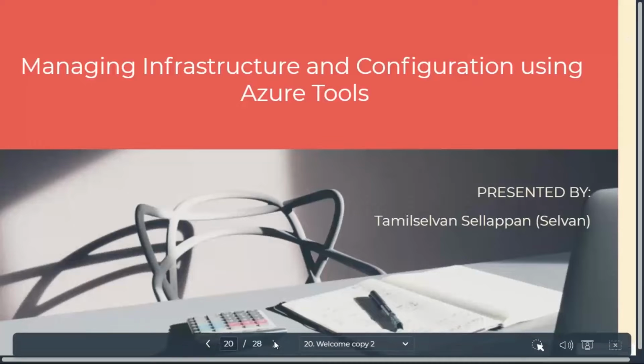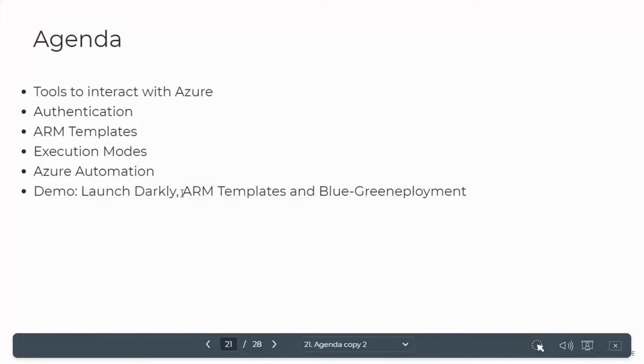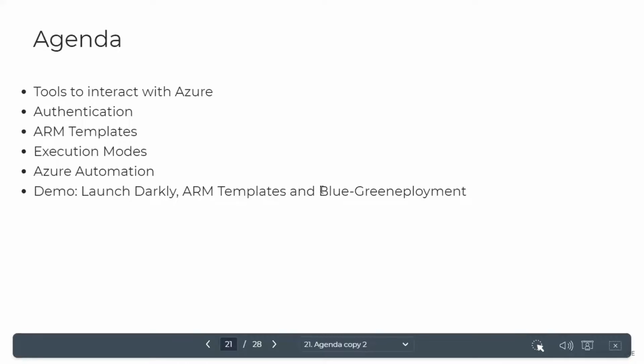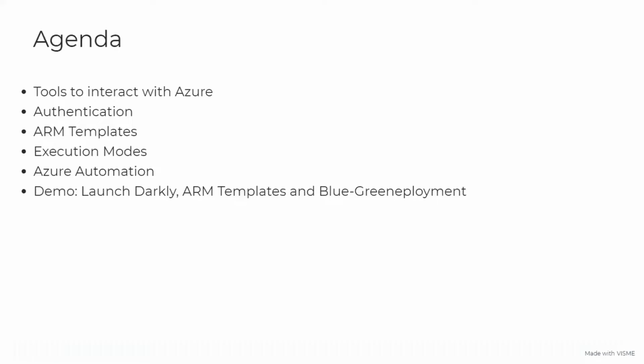So let's see the agenda. Yesterday we didn't finish the entire session, right? We left it in the middle of the blue-green deployment, which was for the ARM templates and blue-green deployment. We have covered the concept part, but we didn't see the overview of LaunchDarkly and the blue-green deployment.